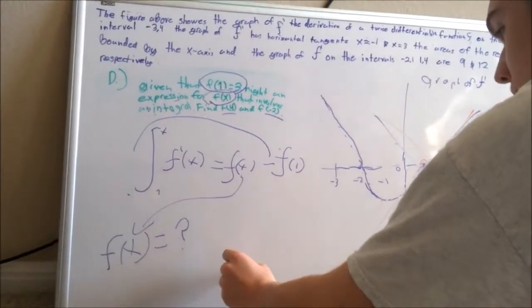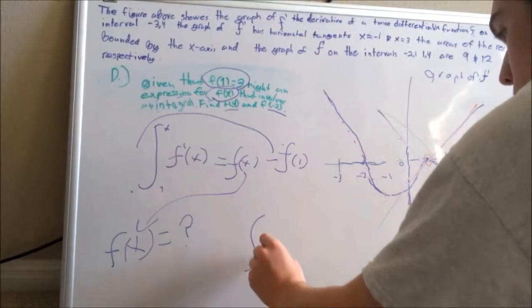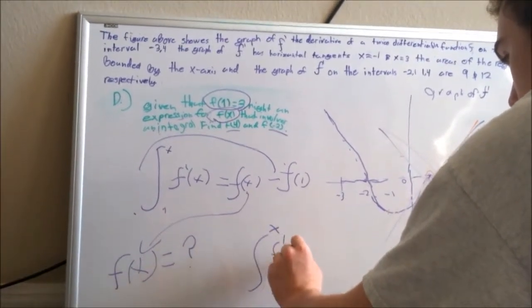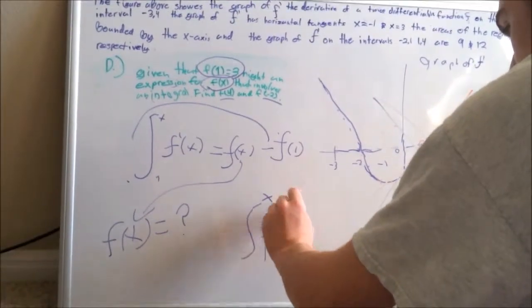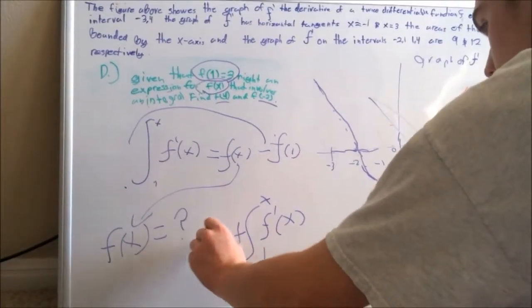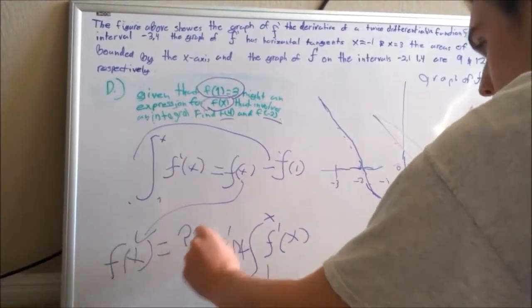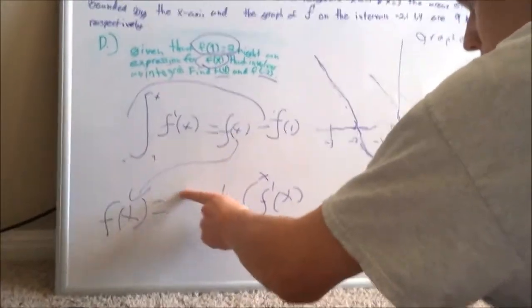So what you're going to end up with is the integral from 1 to x of f prime of x plus f of 1 actually equals f of x.